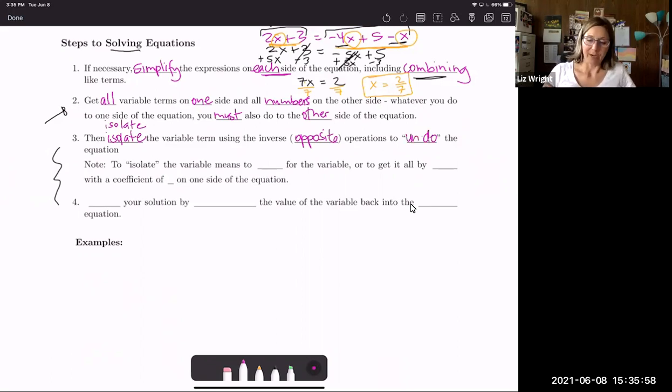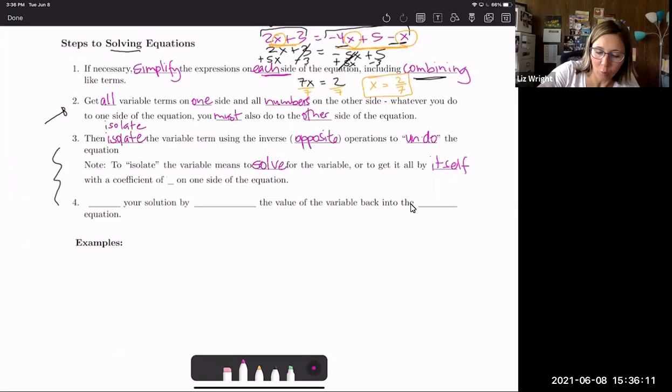To isolate the variable means to solve for the variable or to get it all by itself with a coefficient of 1 on one side of the equation.